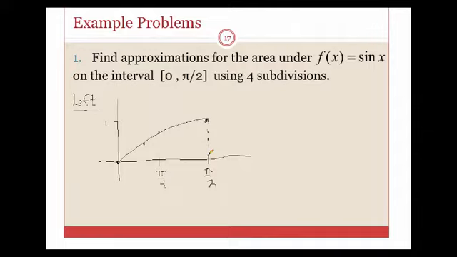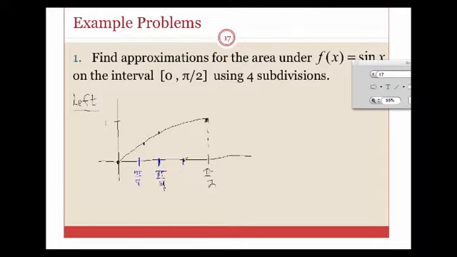We need 4 subintervals. So going from 0 to pi over 2, we have to fit in 4 rectangles. Let me get another color to do this in. Blue. I think everybody would agree we're going to have one rectangle end right here. That's going to be pi over 8. The second rectangle is going to end here at pi over 4.